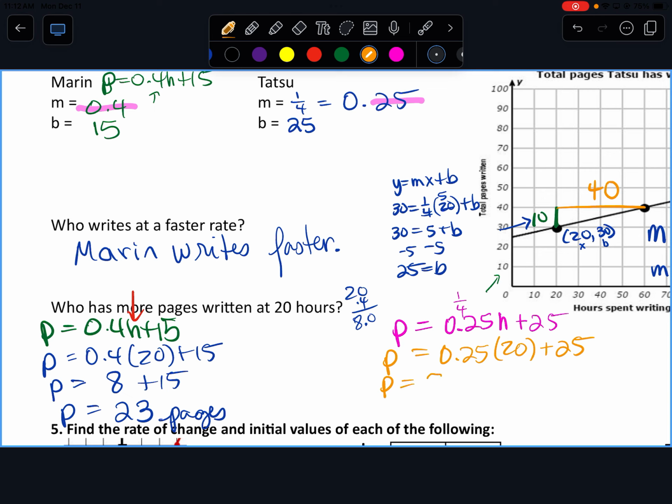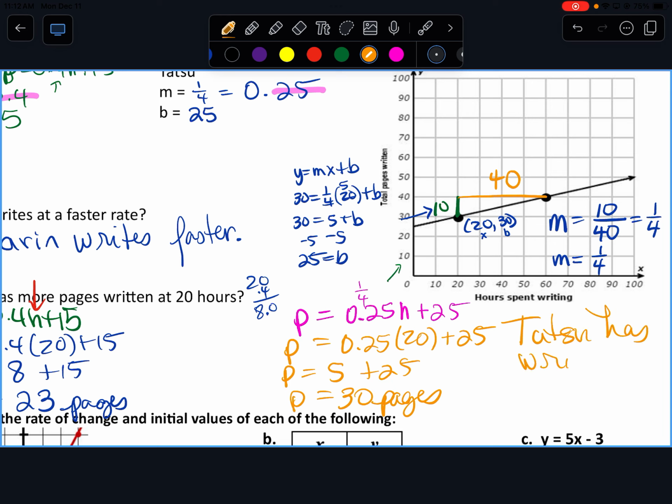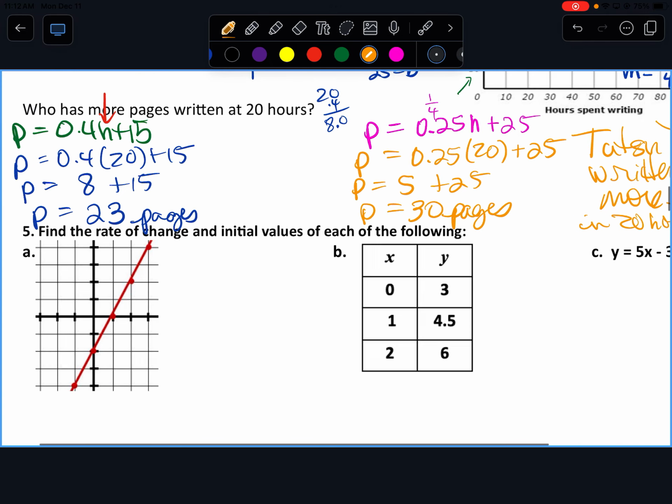That will get me 5 plus that number. So who has written more? Tatsu has written more pages in 20 hours. Okay, awesome.